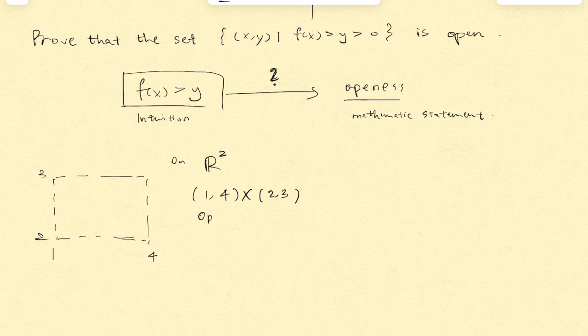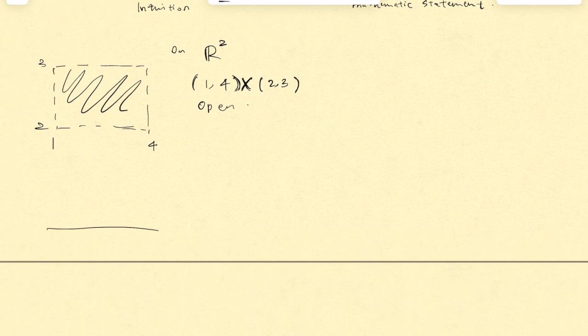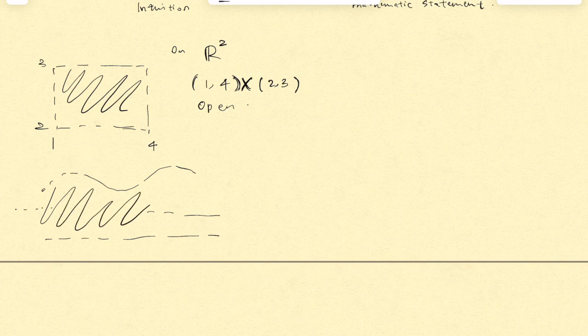This is open because by definition of the product topology, if both of these elements are open sets, then the region they form in the R2 plane is also open. And if you think about it, what we're trying to prove is that a region that extends indefinitely in both directions, with a functional upper bound, is open on R2.